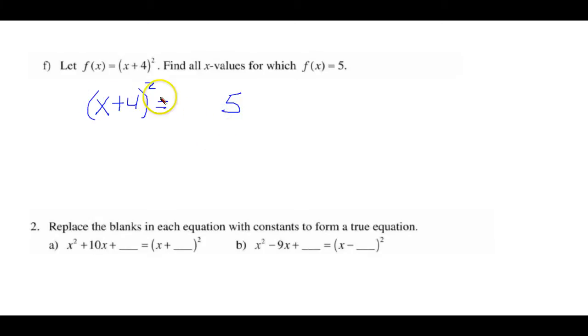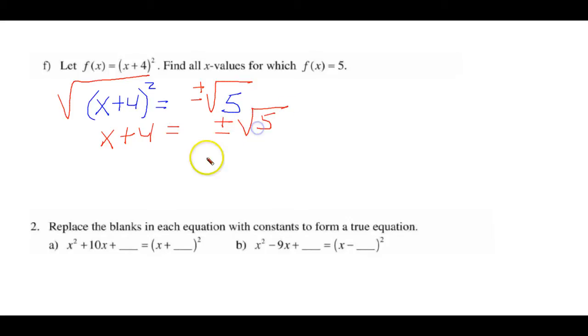So what technique would we use? Well, we're going to take the square root of this side and then plus or minus the square root of that side. So when we take the square root of a base that's to the second power, it just becomes the radicand. x plus 4 equals plus or minus the square root of 5.